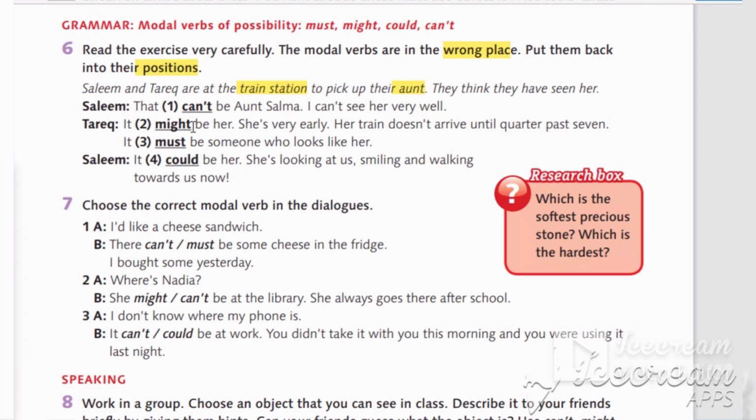It might be her. Okay. 3. It must be someone who looks like her. شخص يشبهها. 4. It could be her. She's looking at us. ممكن إنها تكون هي. She's looking and walking toward بتمشي باتجاهنا. I'll give you 5 minutes to think. Okay?